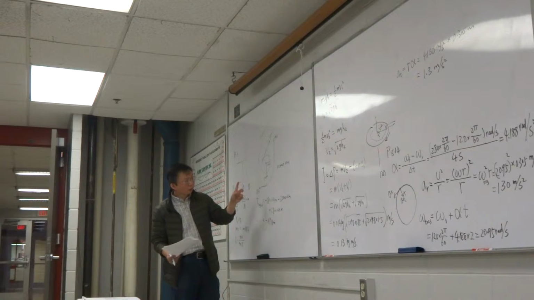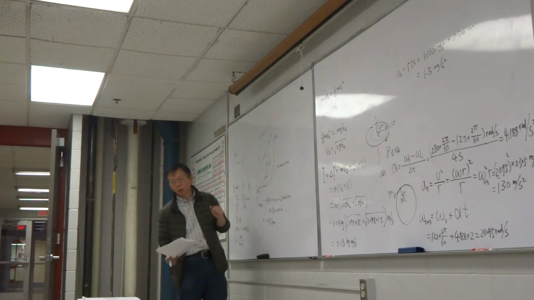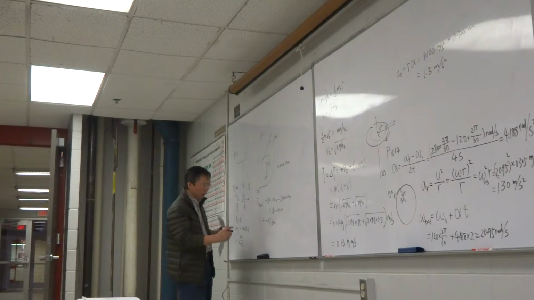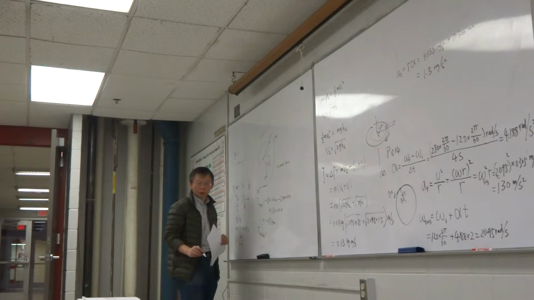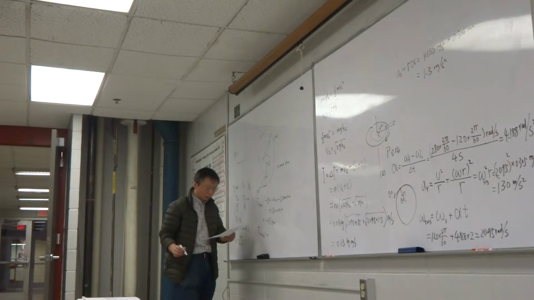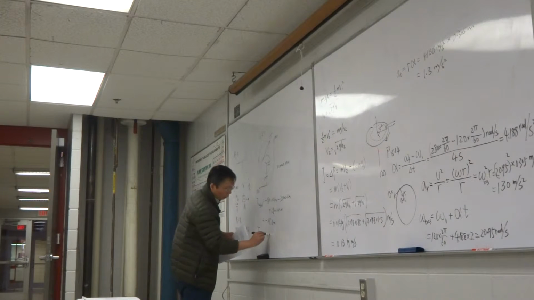So the direction of the friction torque should be counterclockwise. So the torque by the friction is counterclockwise, so it's positive, that number, 0.6 Newton meters.